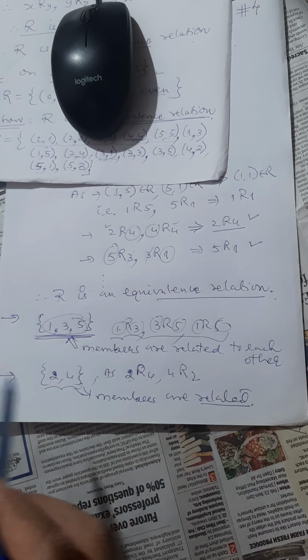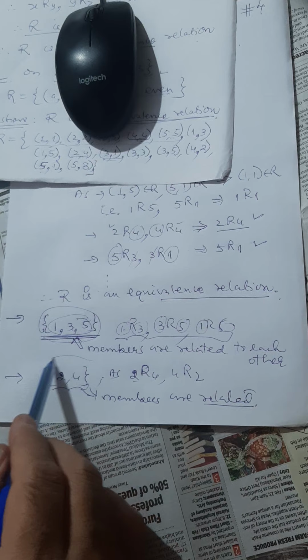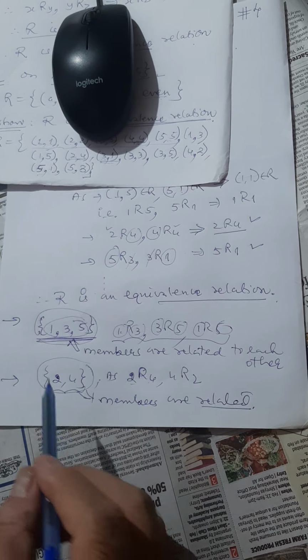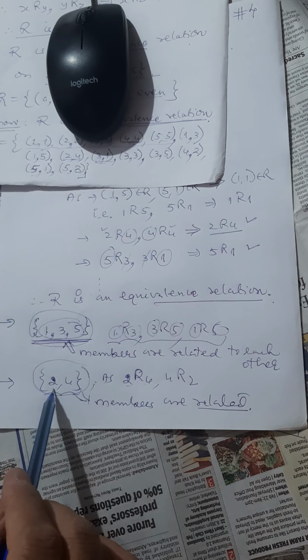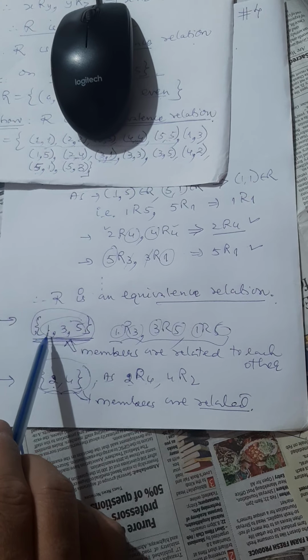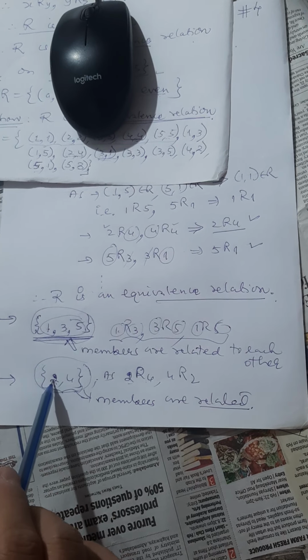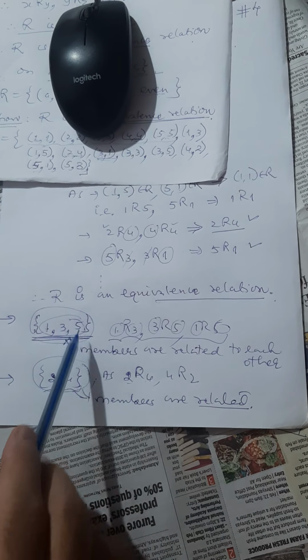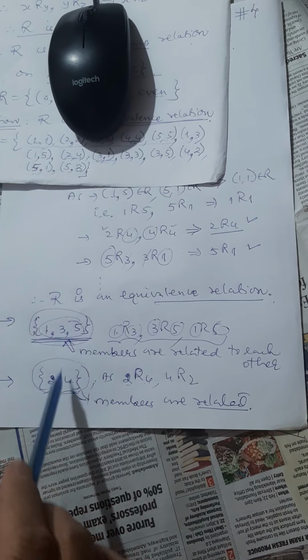But one more thing you are asked: no element of this set is related to any element of the other. Why? Because if you take any member from this and one member from that, you will notice that the difference is not an even number. Suppose I have taken 1 and 2, the difference is 1, which is not even. Suppose I have taken 5 and 4, the difference is 1, which again is not even.